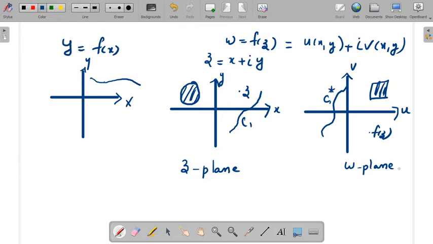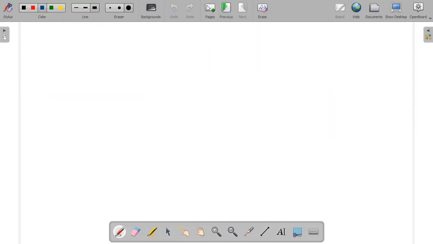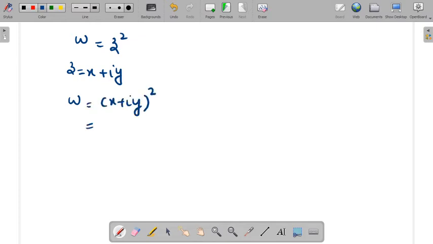So like this, we can speak about the map of a complex function, or the representation of a complex function using two planes. For example, suppose you consider the function w equal to z square. So changing z to x plus iy, we get w equal to x plus iy the whole square, and we have seen this many times.